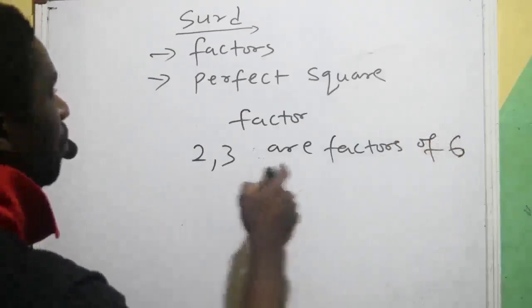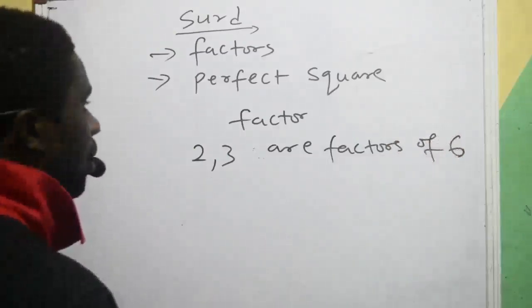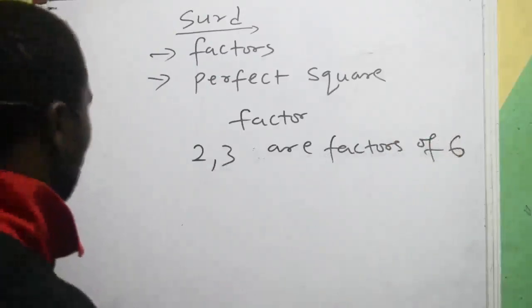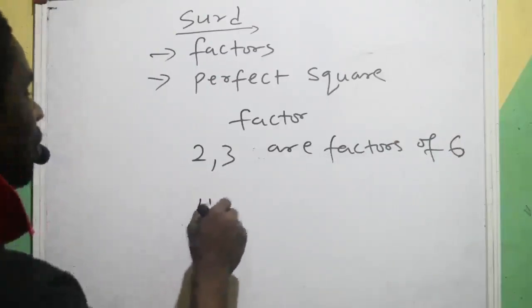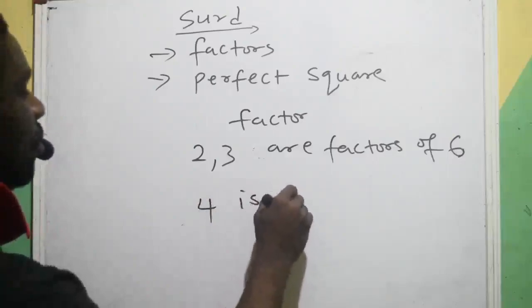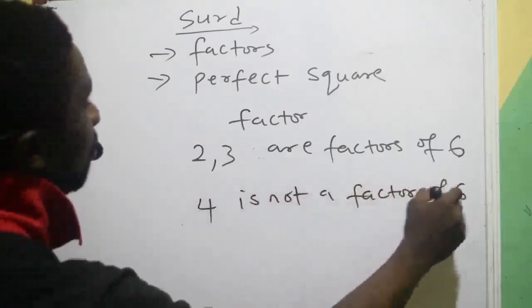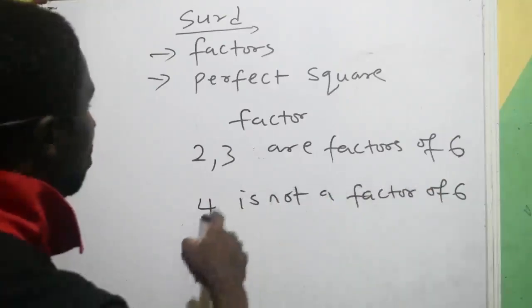What makes these two numbers factors of 6 is that they can divide 6 without remainder, but 4 is not a factor of 6. Which means 6 is not divisible by 4.